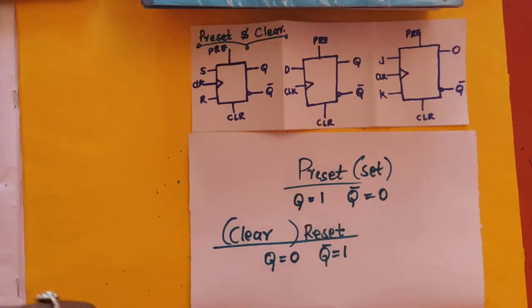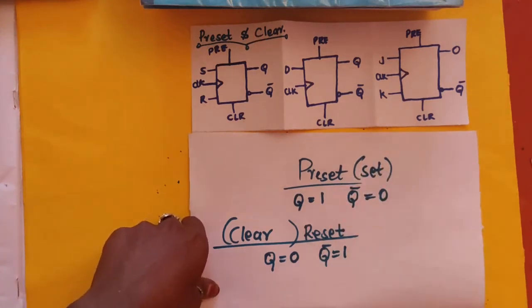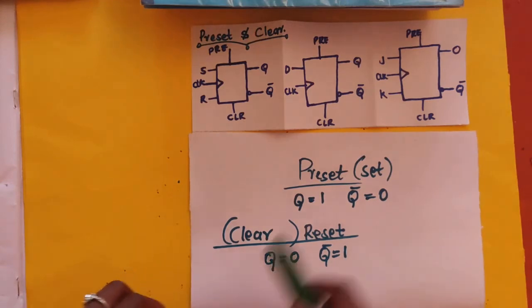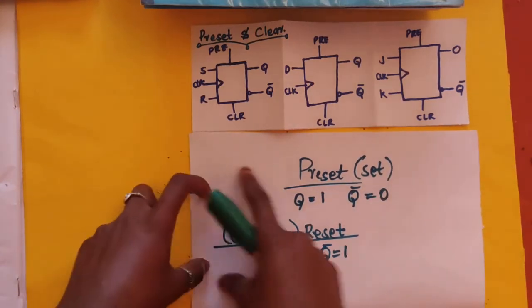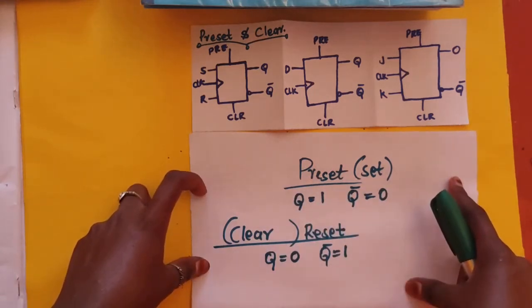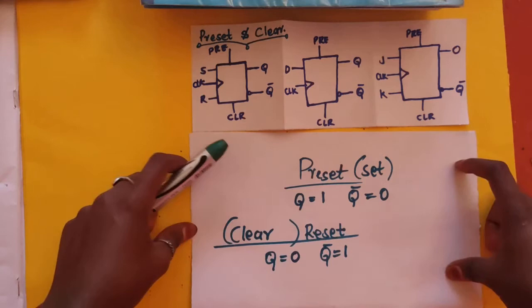When both are high, we go to an invalid state, just like the SR latch, because that's what we've previously talked about. This is mostly used when you're using multiple flip-flops together to perform a function on a multi-bit binary word or a single line. Then you need to set or reset all of them at once.